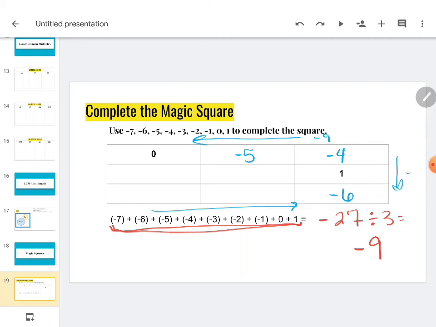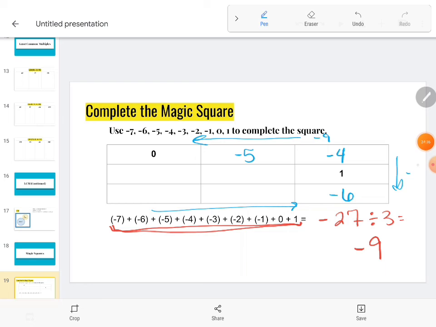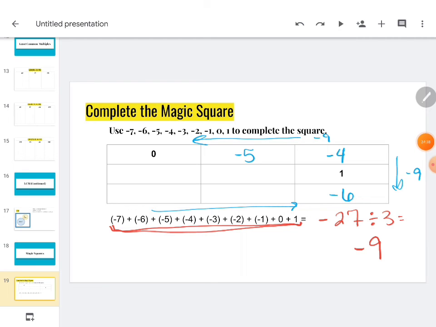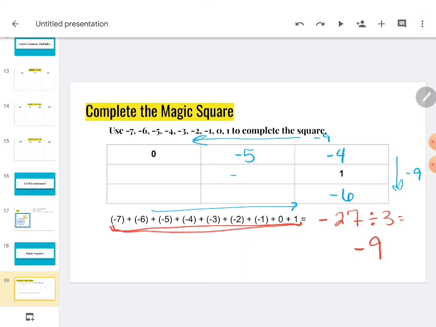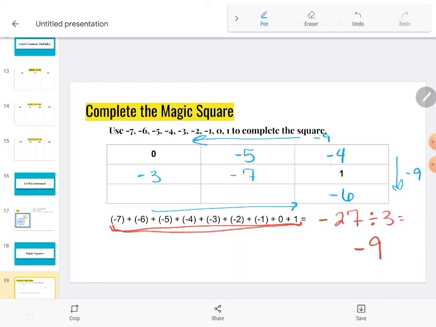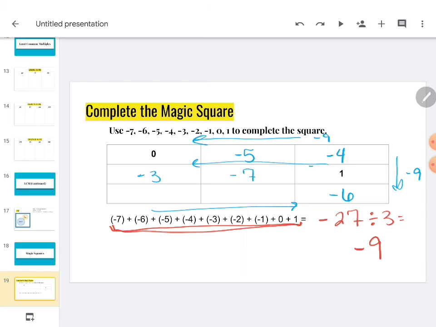We'll do this right here too. Next, we have our 1 right here. We can do -7 and -3, and that right there should be equivalent to -9.